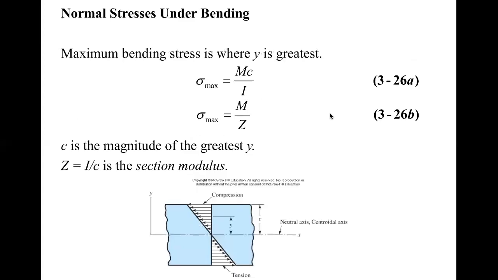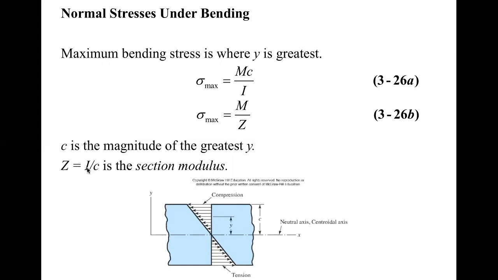Here it gives you the maximum bending stress. The maximum bending stress is where y is the maximum. If y equals c, sigma will be the maximum. So sigma max equals Mc over I. We can define Z, which is called the section modulus. Z equals I over c.